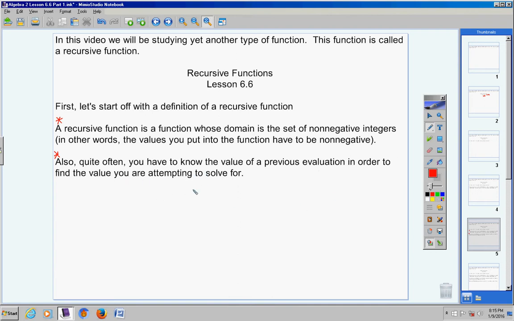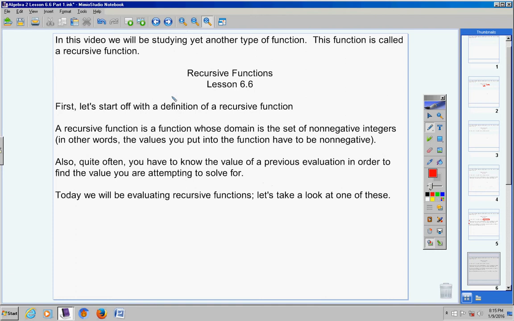That sounds pretty much like Greek right now, but I will explain that in just a couple minutes, okay? So trust me, I will go over that. Also, quite often, you have to know the value of a previous evaluation when you're dealing with a recursive function, in order to find the value you're attempting to solve for.